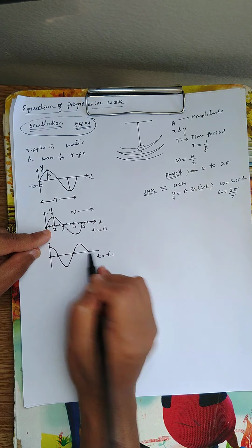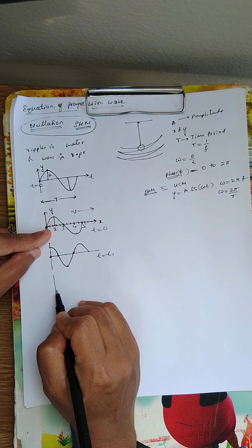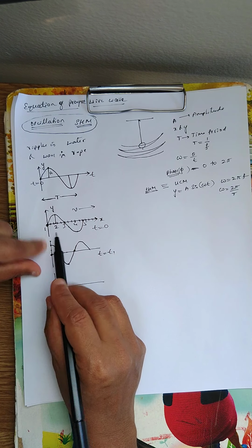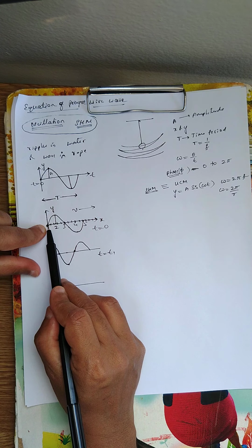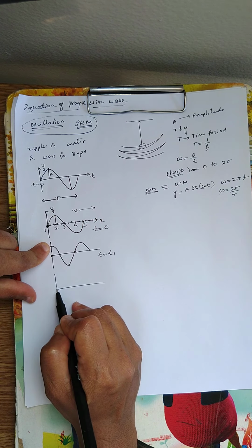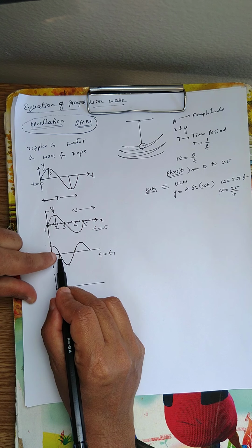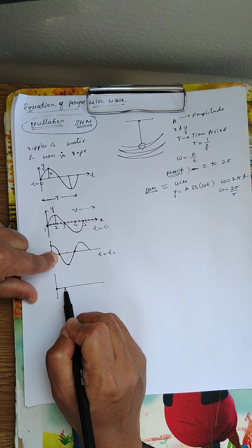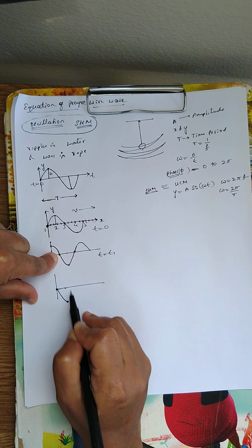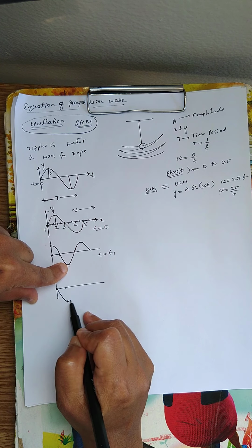So like this. In the next instant, the particle which had gone from the mean position to the extreme now has to come down to the mean position. The second, which was already in the mean position, now goes to the other extreme.